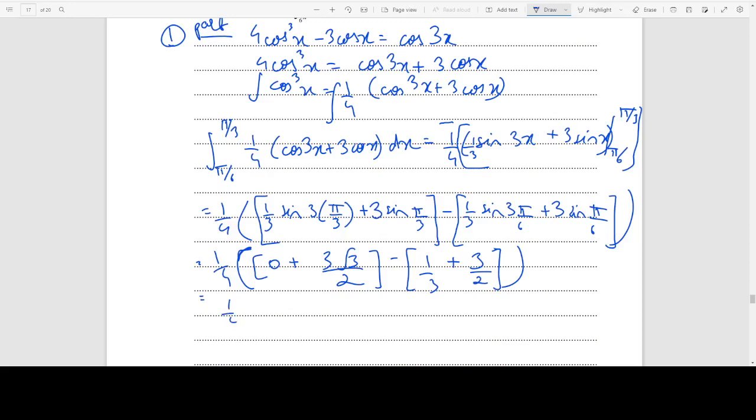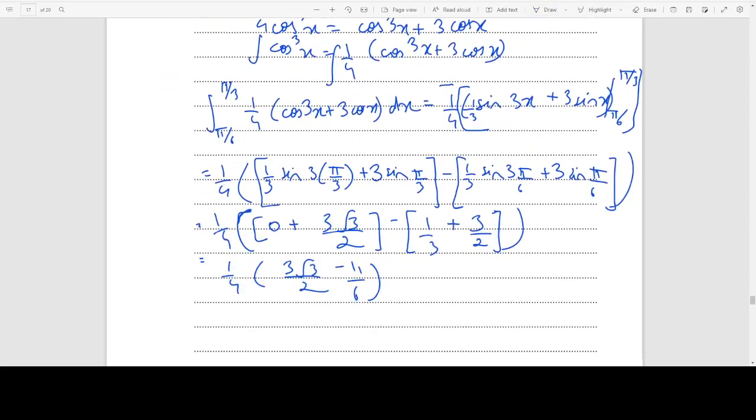So we get 1 upon 4 into 3 root 3 upon 2 minus 11 upon 6, and if you want to just take the common denominator out, we get 1 upon 4 into 9 root 3 minus 11 over 6, which is 1 upon 24 into 9 root 3 minus 11.